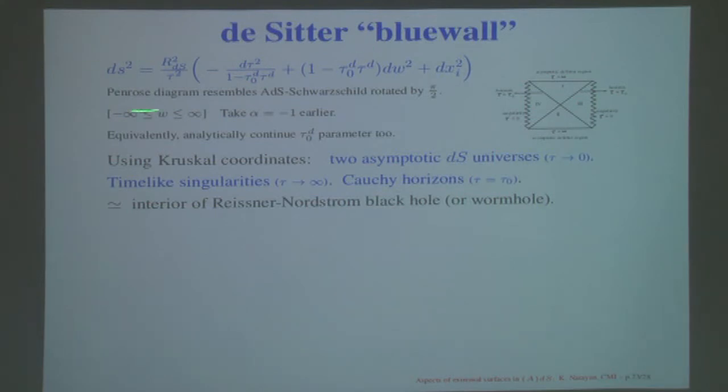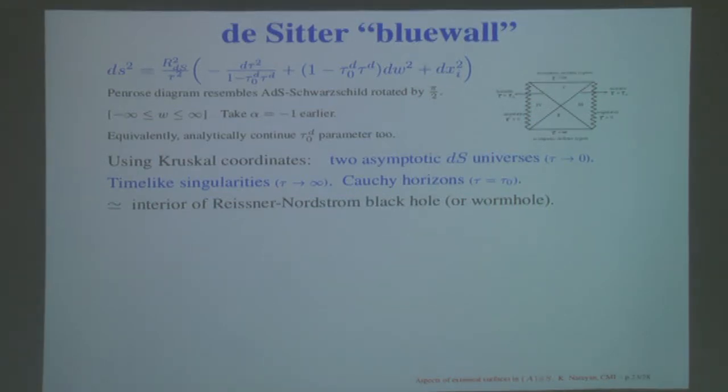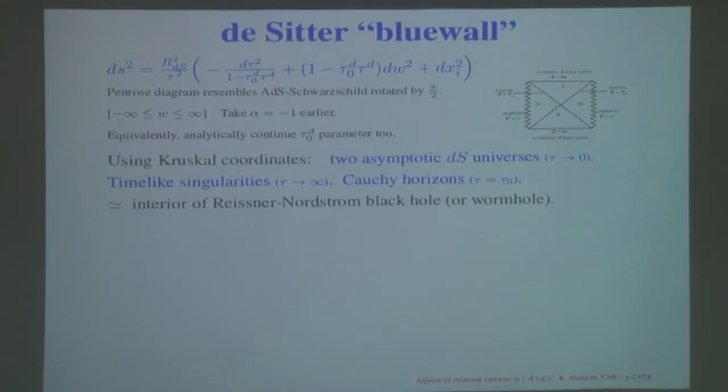This now is a real metric. It has a Penrose diagram which looks like that. And that Penrose diagram essentially looks like the AdS Schwarzschild, but rotated by 90 degrees. Okay. So what you get, to just remind you, for the AdS Schwarzschild is something like that.